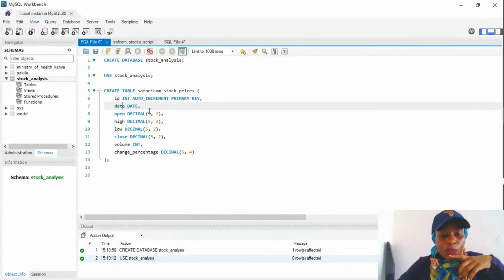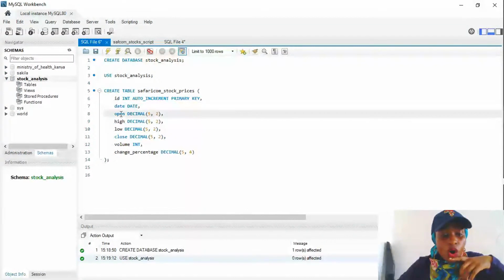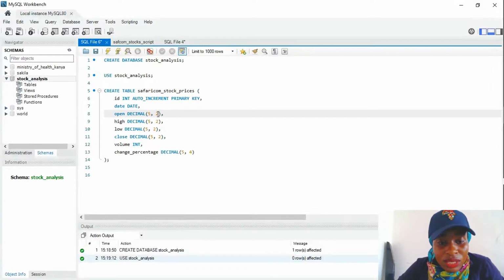The next column is the date column, which is in the date data type. The next one is the open column, which is a decimal, and here we have 5 and 2. 2 is limiting the decimal points, and 5 is the numbers. Now high is also a column, and it has the same data type as open, and same as low, and then same as close.